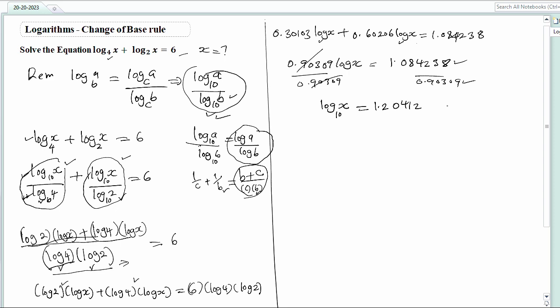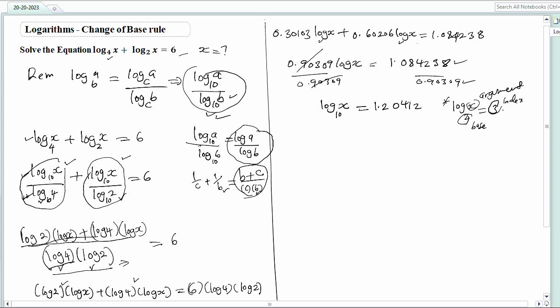Now if you remember that given a value like log x to base 2 equals 3, this value of x can be gotten in this way: 2 here is known as the base, 3 here is the index, and x here is the argument.